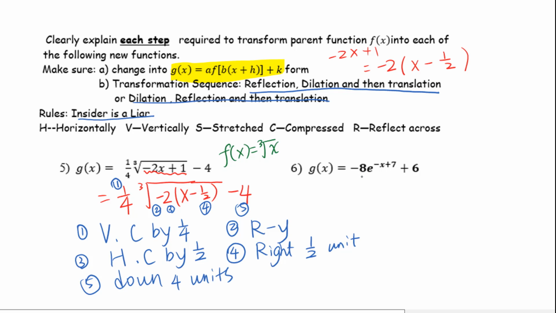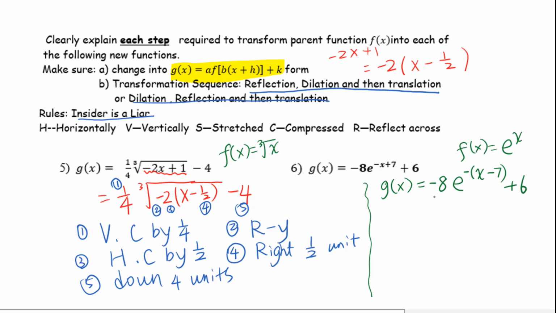Now let's go to number 6. We know the parent function equals e to the x power. You have to change it into transformed form first. So we have g of x equals -8 times e to the power, we have to take this negative sign out, of x minus 7, then plus 6. So we have a first step, second, third, fourth, and a fifth.